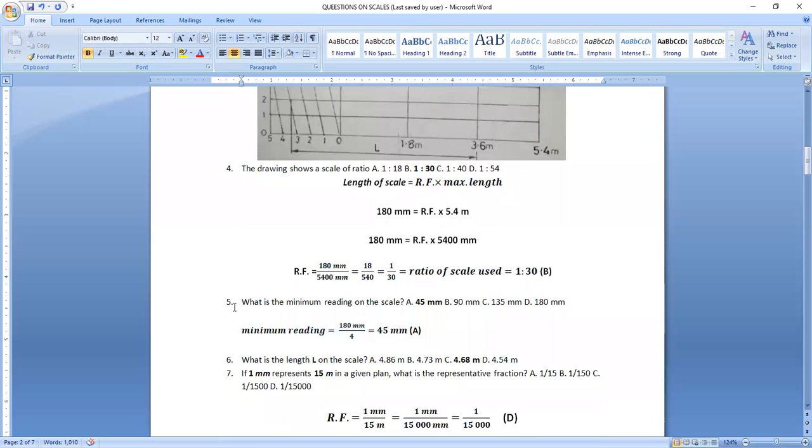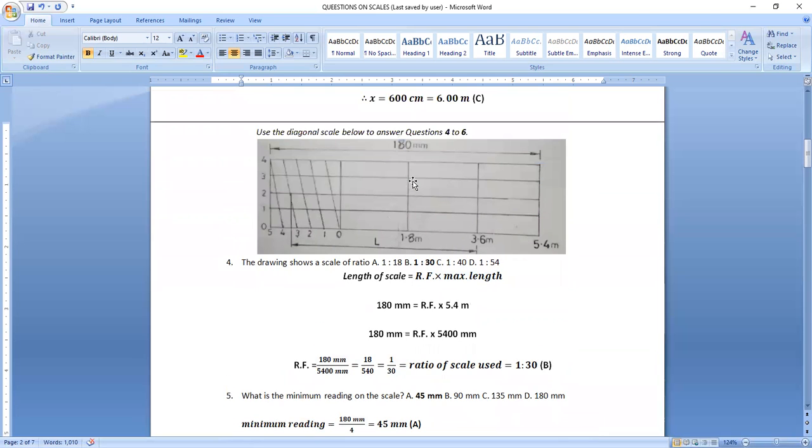Now question 5 says, what is the minimum reading on the scale? The minimum reading is calculated by dividing the length of scale by the number of divisions that we have here. So here we have 1, 2, 3, 4.